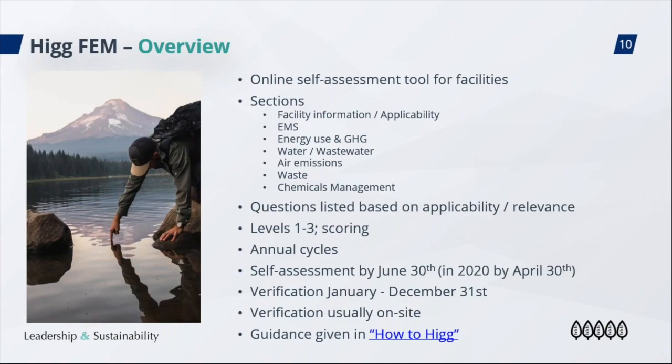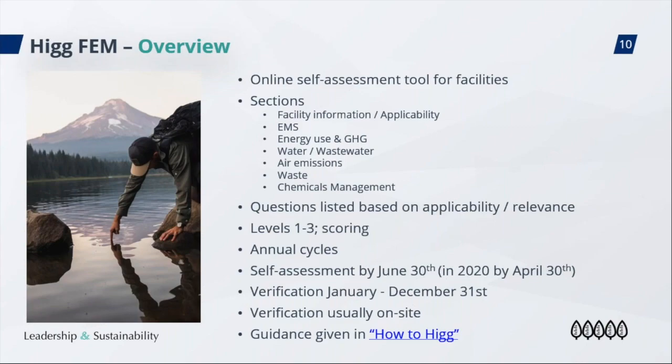So which means that in every section which is scored, you need to reach level 1 before you can move on to level 2 and 3. So at level 1, you need to have a yes to all questions or a partial yes. If you have just one no at level 1, you will not be able to move on to level 2 and 3.